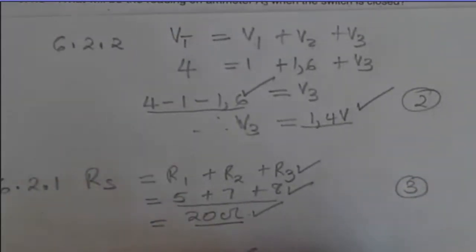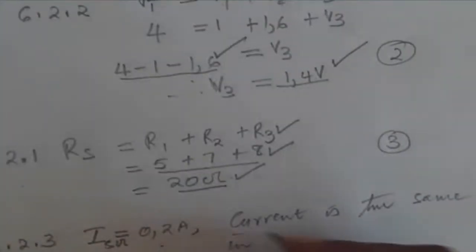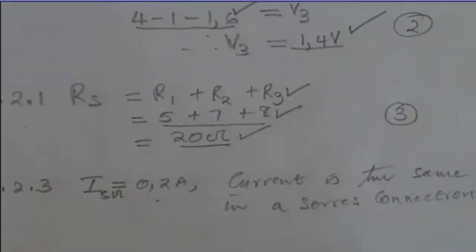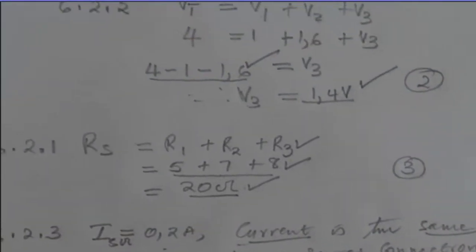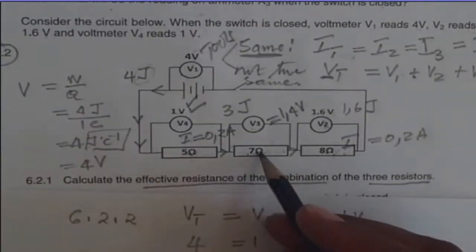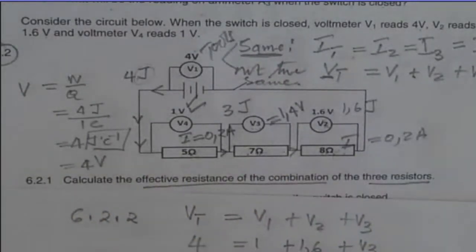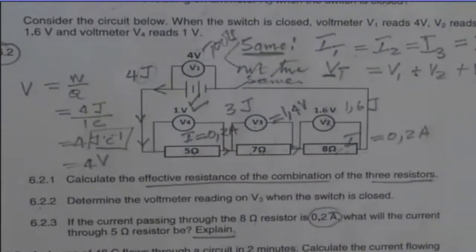Because the current is the same in a series connection. If we need to extend this question further, what will be the current passing through the 7 ohm resistor? It will be the same, because the current will be the same throughout.